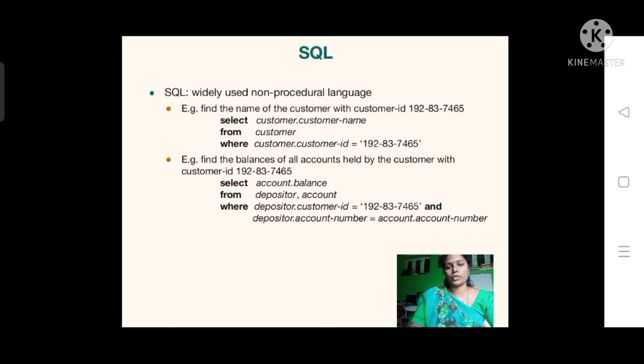What that actually means is that the account numbers of the depositor table and the account table must be equal. The AND operator states that the result is true only if both conditions are true. The account.balance is displayed only if the depositor.account number is equal to the account.account number.